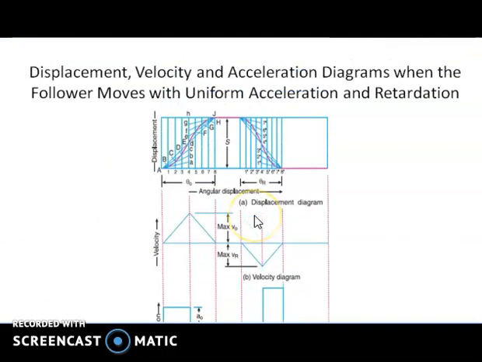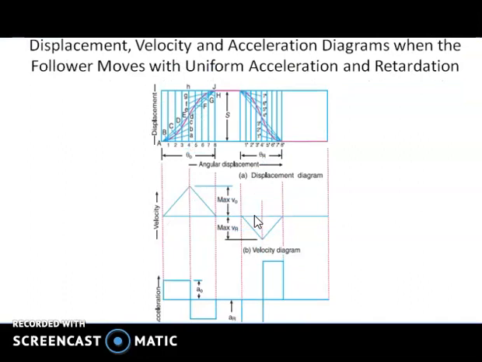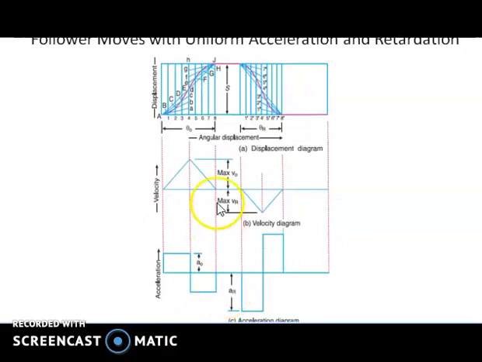So to summarize, we can see when the follower moves with the uniform acceleration and retardation, the velocity is maximum at the mid displacement. Similarly, during the return stroke, velocity is maximum at the mid displacement. When the displacement is maximum, velocity is 0.